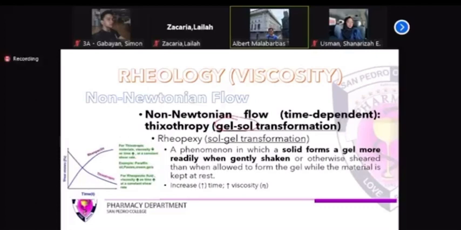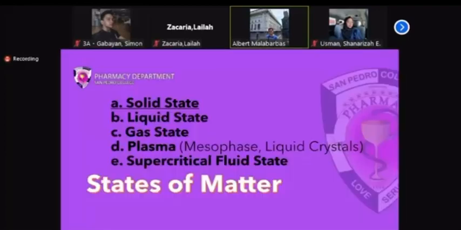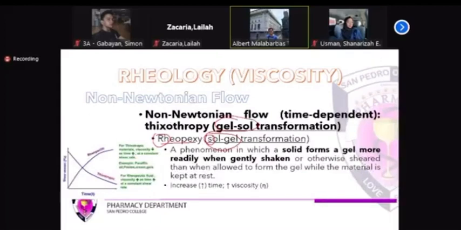Rheopectic is sol to gel. To remember: rheopectic starts with R, and the next letter after R in the alphabet is S. So, R-S-G: rheopectic, sol, gel. So the other one, thixotropic, is gel to sol. Okay? So that's for your liquids.